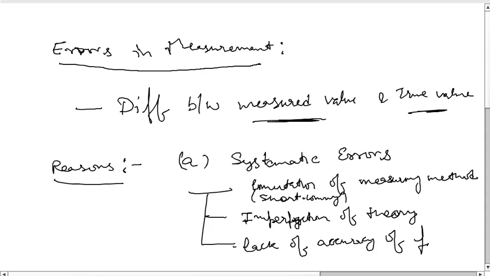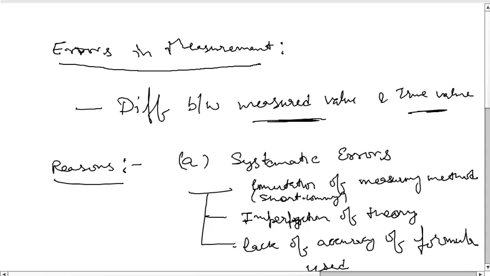You might have seen, but not yet, but you will see in the coming chapters that, for example, some scientists derived some formula, right? Then some other scientists did some corrections in that formula. You might have heard about that, right? So because that formula was not actually correct, or the accuracy was less, due to that also you may have some errors.